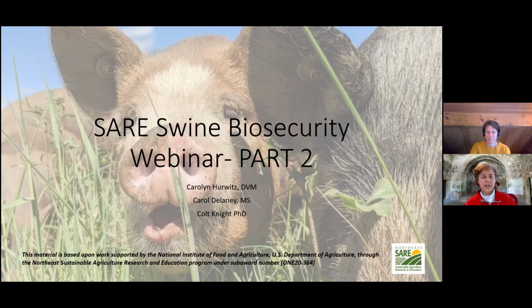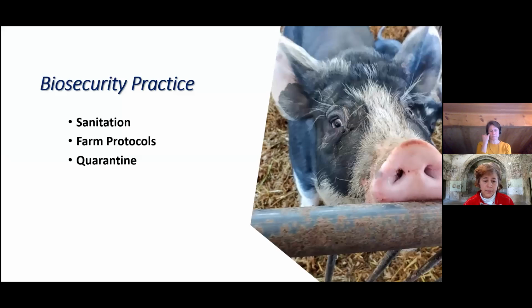Great, so let's get started. In part 1, the presenters covered the definition of biosecurity and went over the methods of how diseases are spread and introduced on your farm.